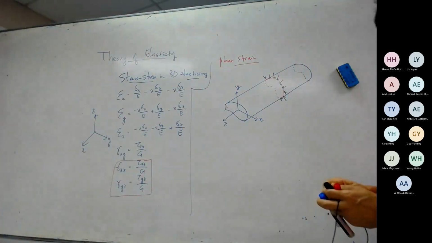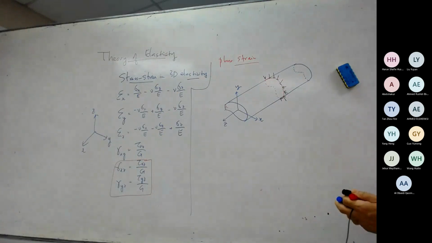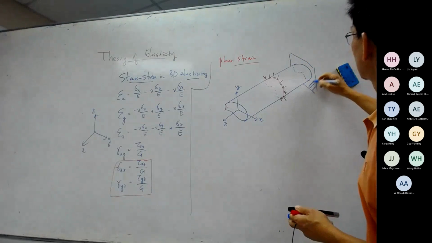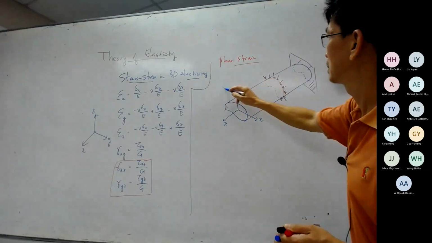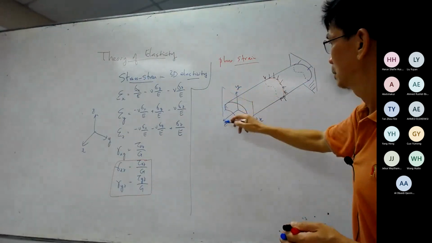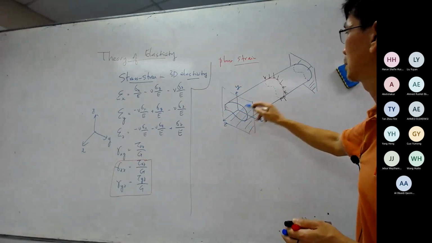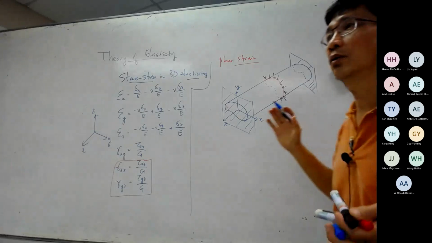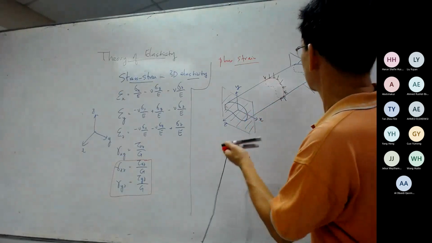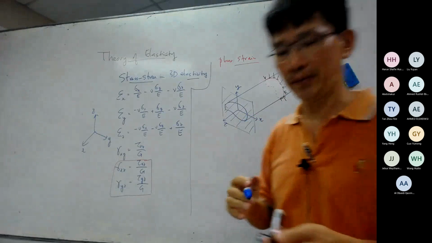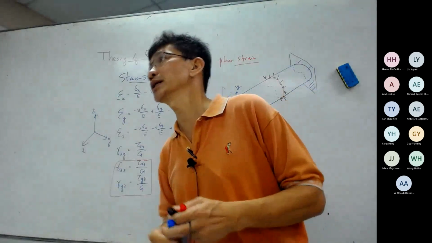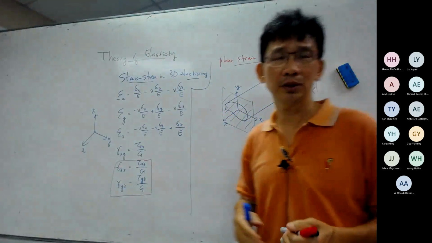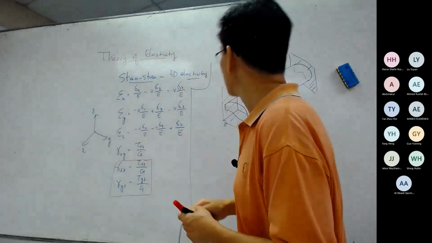And the other characteristic is there is a very rigid surface on either end of this very long body. Very rigid means there is no change in length of this body in the direction where it is very large.